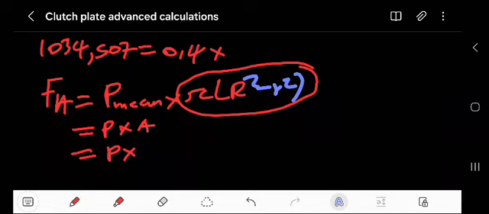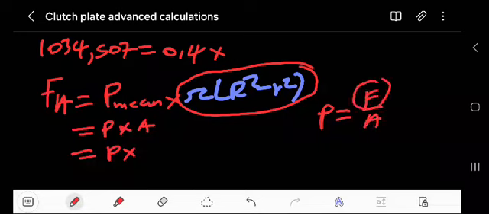This is simply the area. Remember from our hydraulic and engineering N4, we have introduced that pressure is equal to force over area. If we make F the subject, we'll have F equal to P multiplied by A. So it's one and the same thing here.